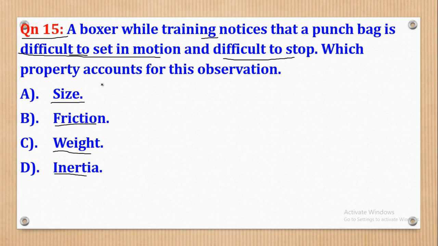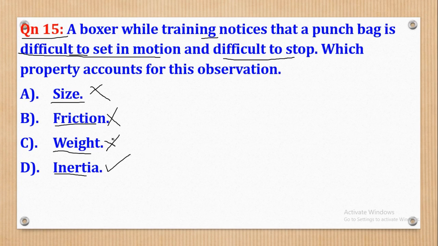So this is not okay, this is not okay, this is not okay, but the correct option is inertia, because inertia is the reluctance of a body to start motion if it was originally at rest, or to stop if it was originally in motion.